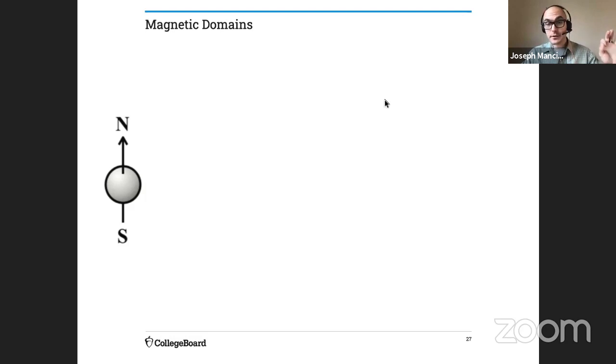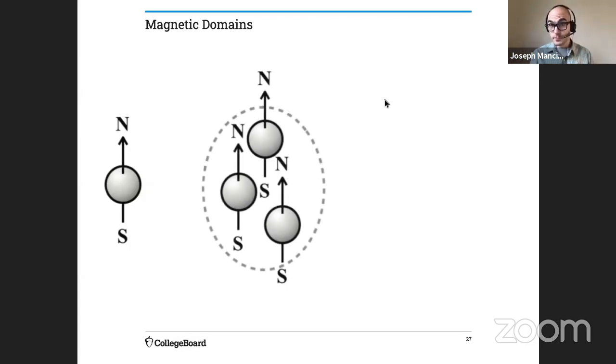Anyhow, this is a picture of a single atom, or a single collection of very small charges that are all in motion, the result of that motion being the magnetic field that you see, where there is a north end and there is a definite south end. But when enough of these get together in certain kinds of materials called ferromagnetic materials, those individual magnetic spins between individual atoms tend to line up.